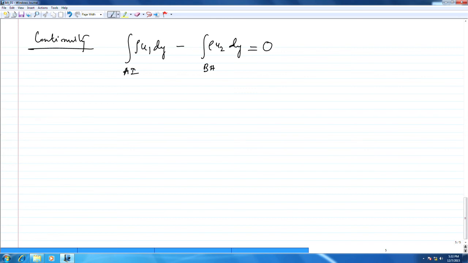Now, if I multiply by U1 throughout, what I get is rho U1 square dy over AI is equal, taking it to the right hand side, to rho U1 U2 dy over BH. So this is what we get from continuity.